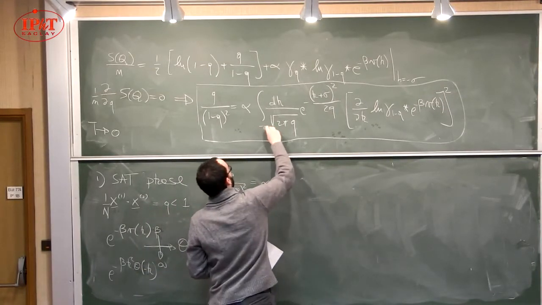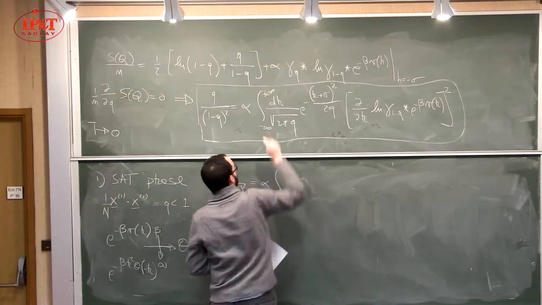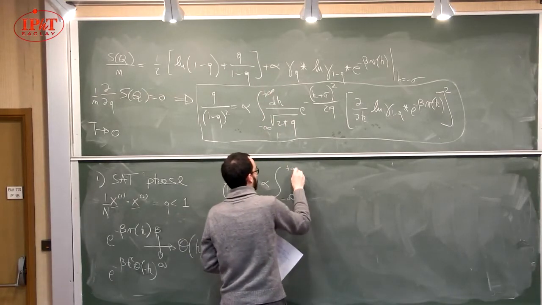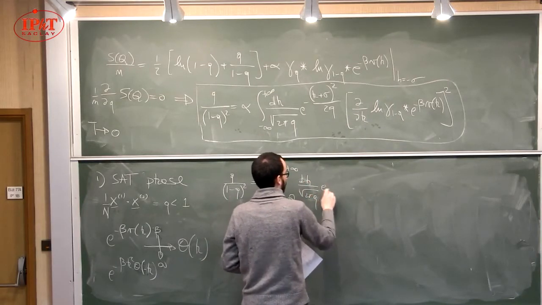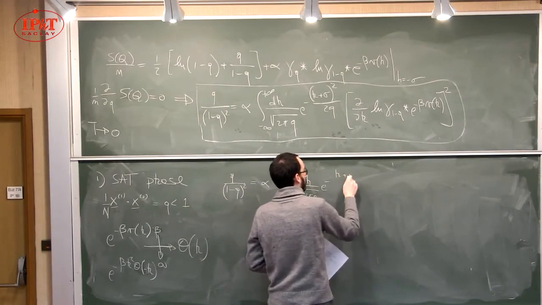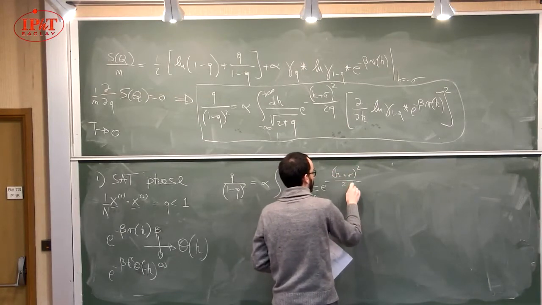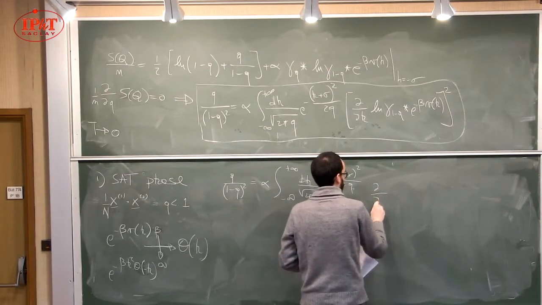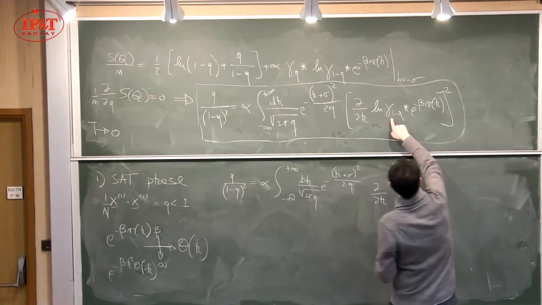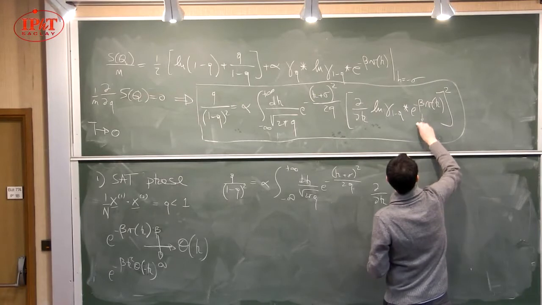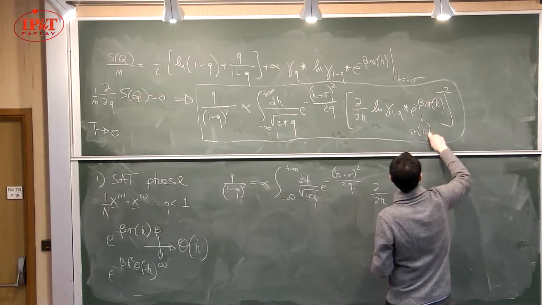This is from minus infinity to plus infinity. Here you have the convolution of a Gaussian with a function that is a theta.